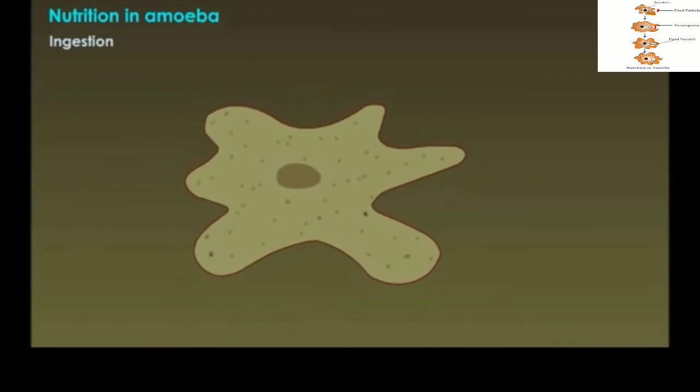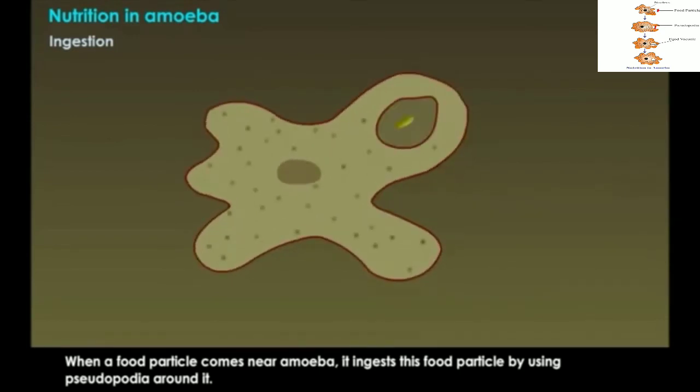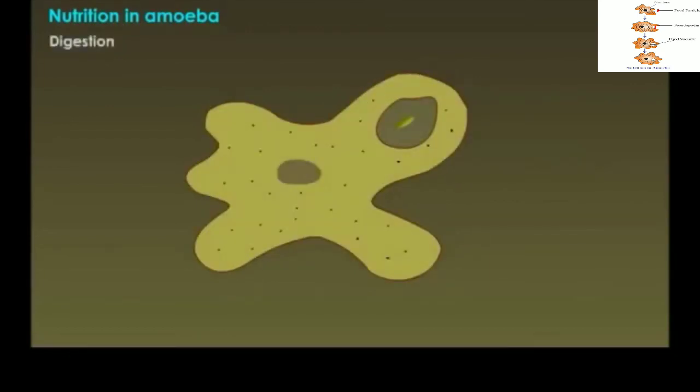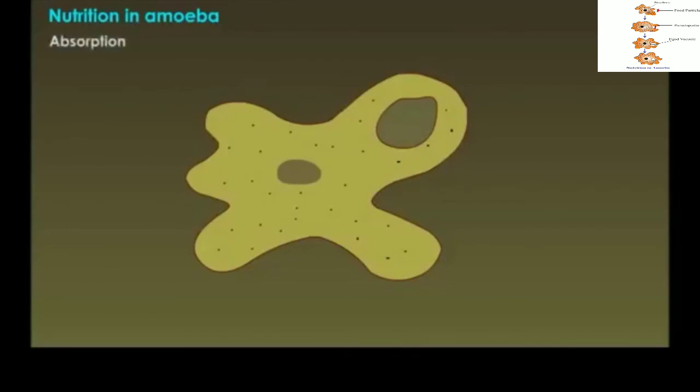Ingestion. When a food particle comes near amoeba, it ingests this food particle by using pseudopodia around it. Digestion. The food is digested in the food vacuole by digestive enzymes. Absorption.